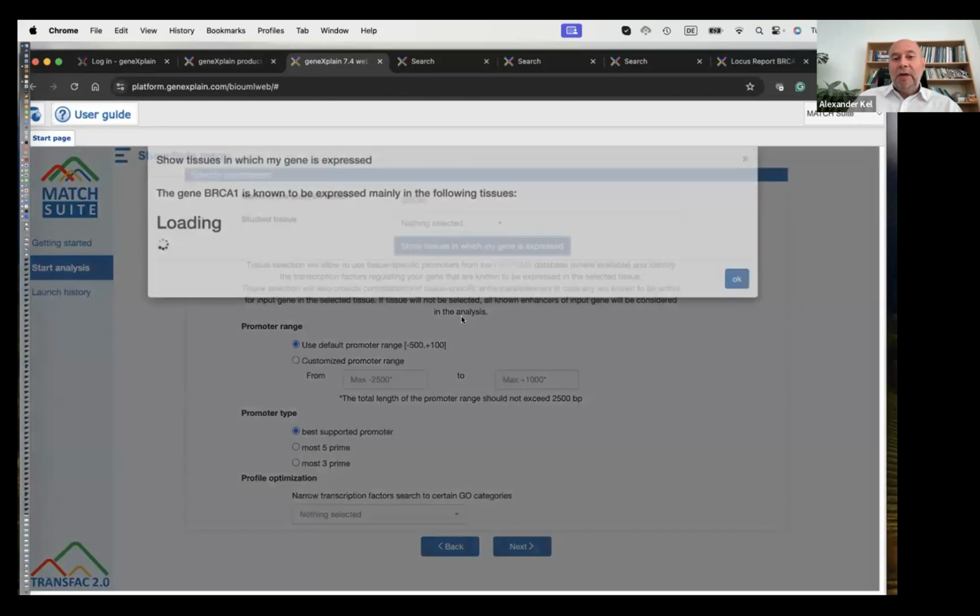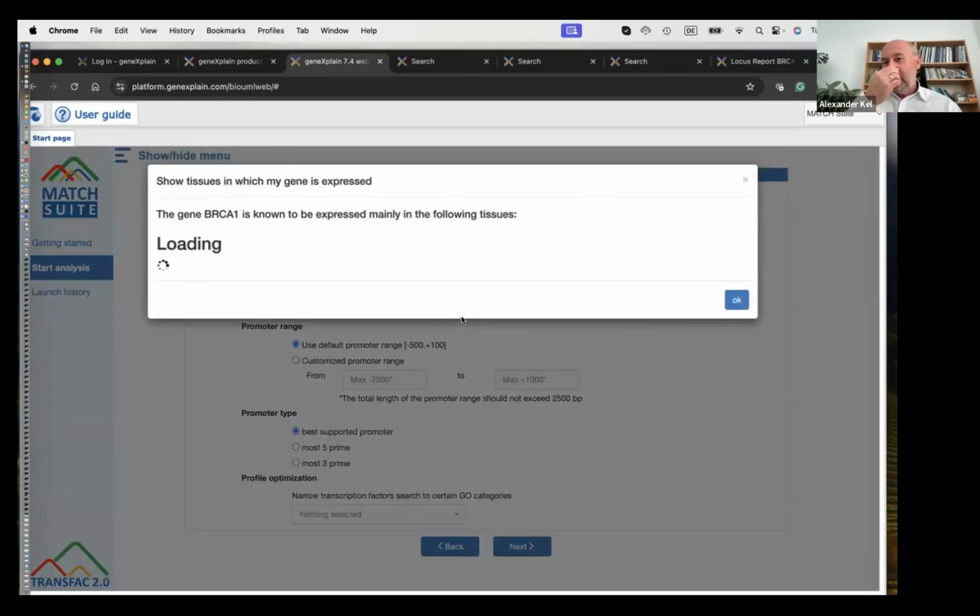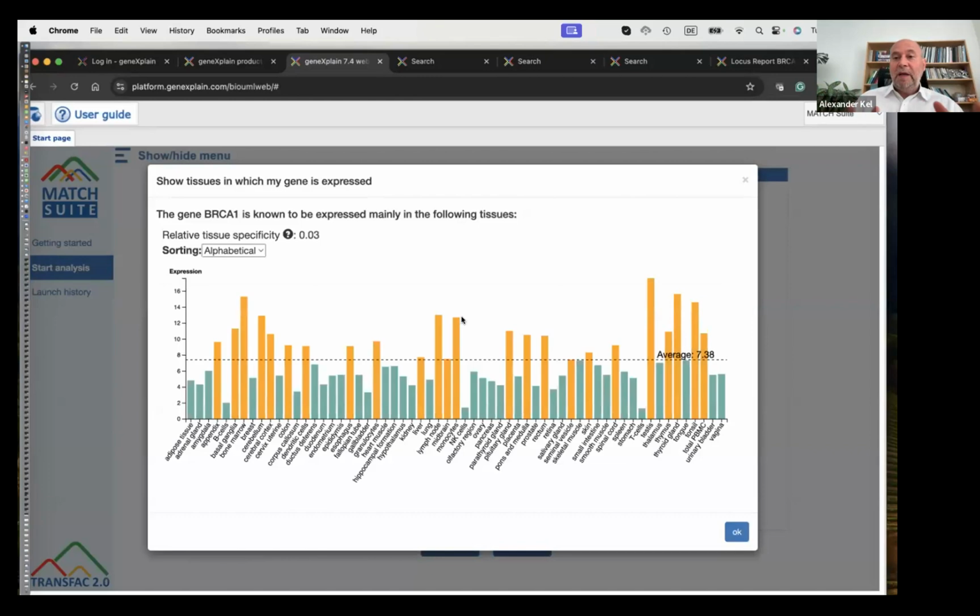And you can also check in which tissues this gene is expressed, and this information is taken from various sources. Actually, our main source is the Protein Atlas, which gives information about expression of the gene in various tissues. And for BRCA1, you see it's expressed in very many different tissues, but there are some tissues where it's minimally expressed.